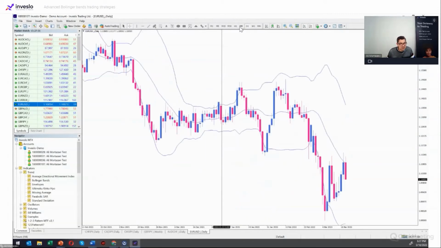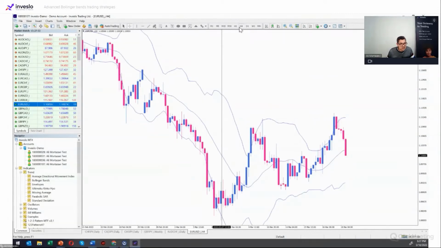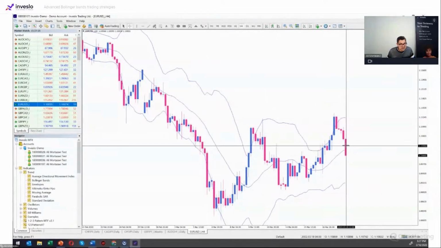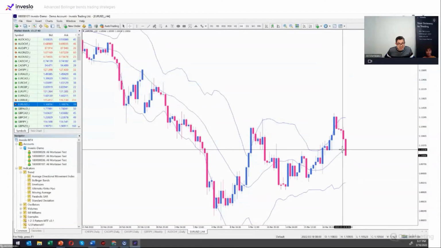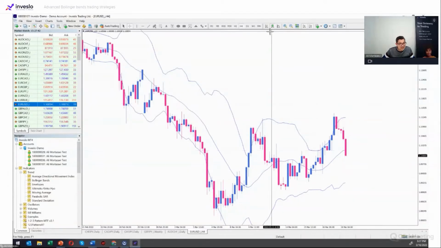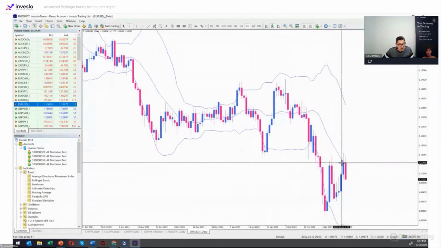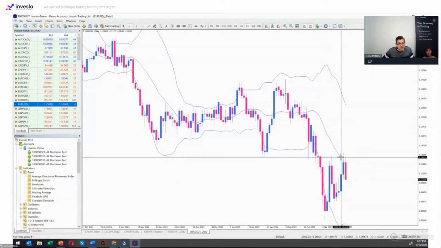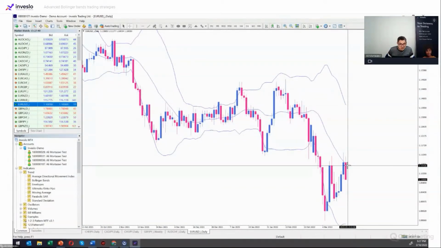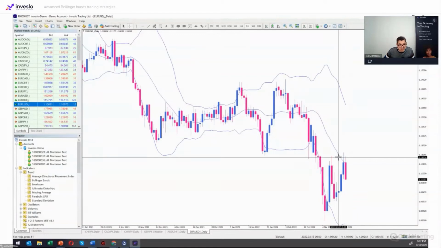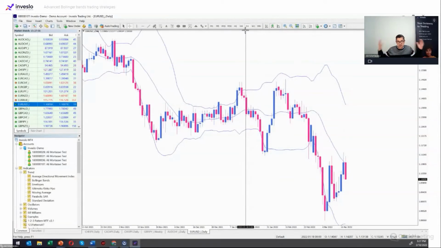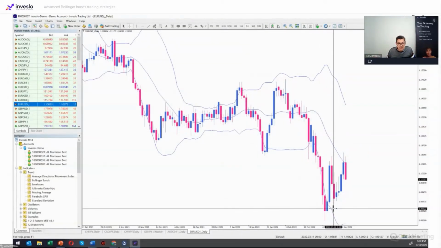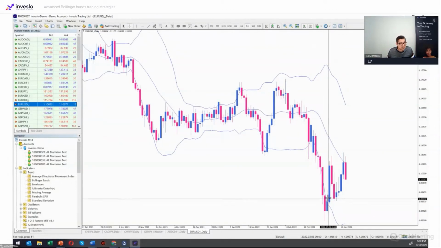For example, here you see on the H4 the prices are just trying to get below the middle band of the Bollinger Bands, and on the daily I see they are bouncing back from the middle band. It means that in the long perspective we have prices in the lower half of the bands, which means the sentiment is bearish.